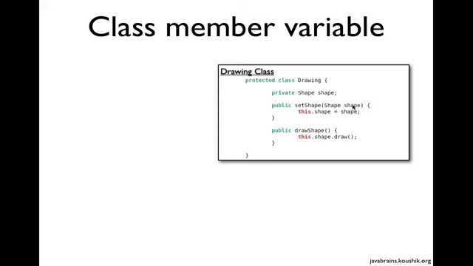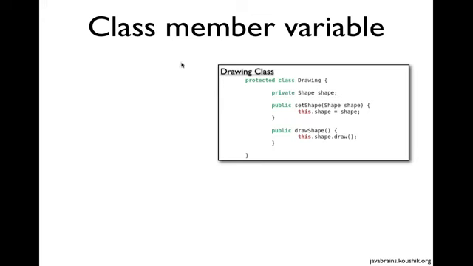And whatever shape object is passed, it's going to set it inside this class as a member variable. And then I have a drawShape method, which just calls the draw method of the shape, whichever has been set. Note that this does not do an initialization. You don't see a new shape here, you don't see a new triangle or a new circle.